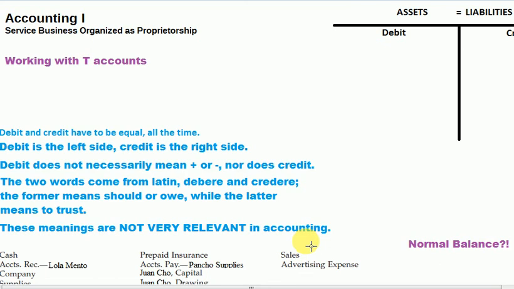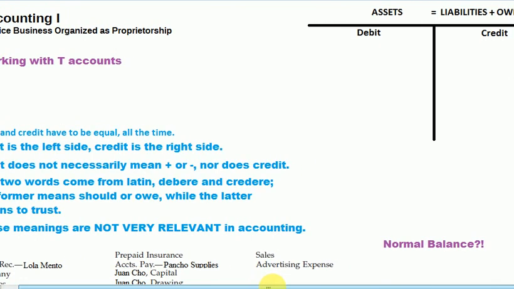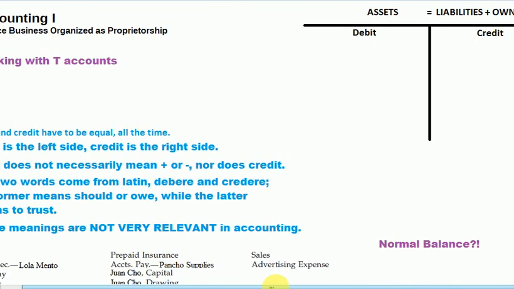Debit, or debere, means should or owe. Credit, or credere, means to trust. There are some English words that are related to these two words, like when you have a debt, you are owing people money.